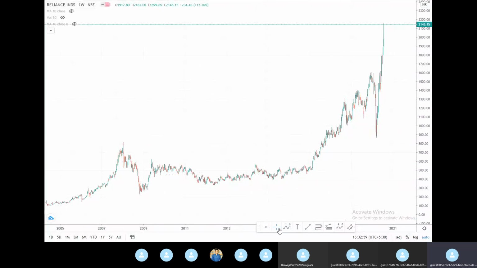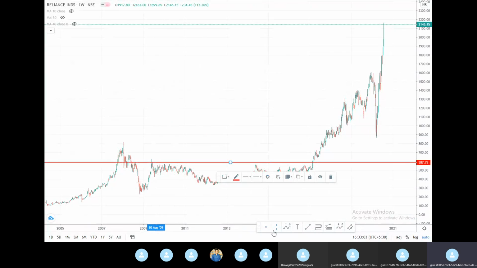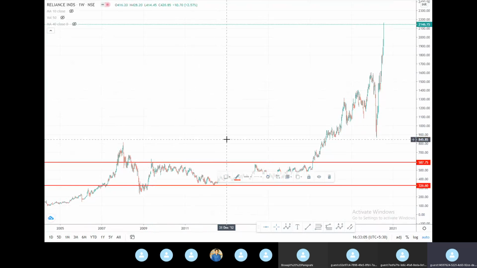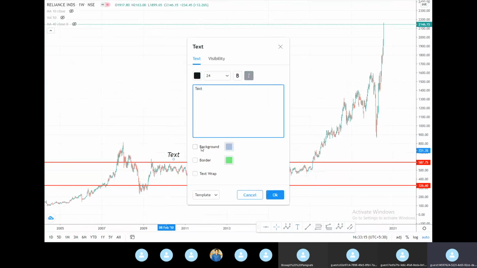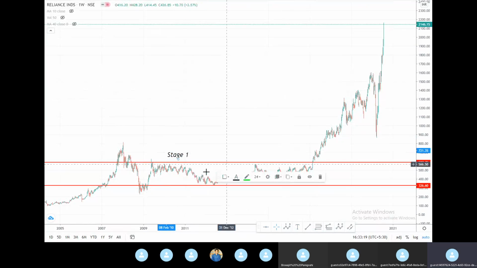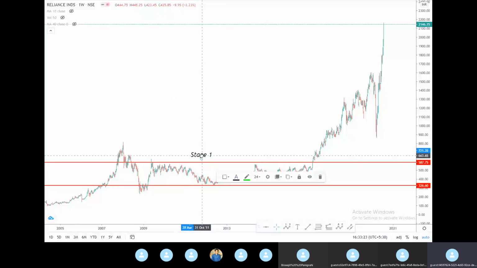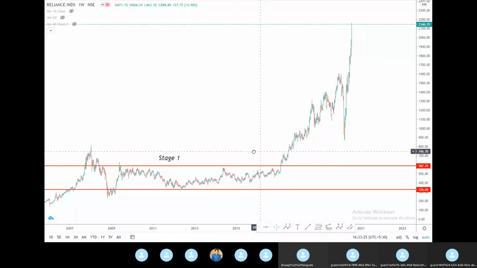So let me tell you which one is what. This is a stage where you see the market is going in a range. This is called stage 1.